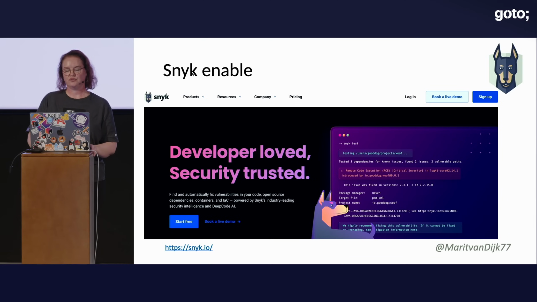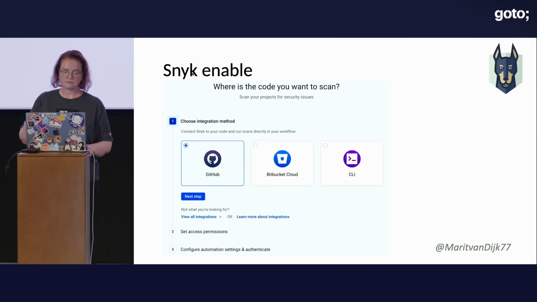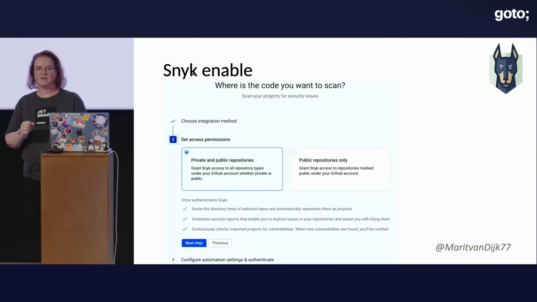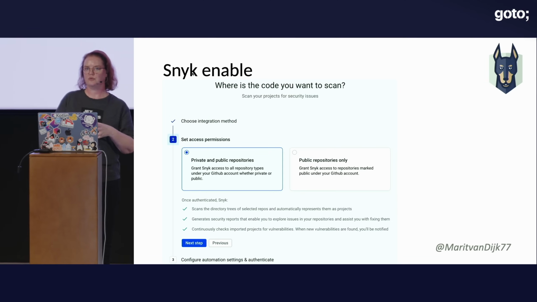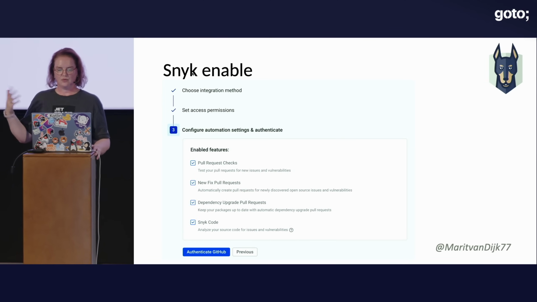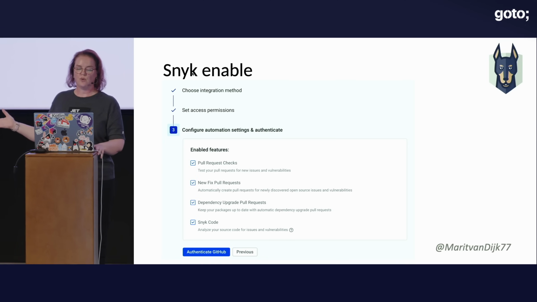You can enable Snyk via their website. You can choose how to integrate, set permissions. Here you have the option between public and private or public repos, but you don't have the option between one or all repositories. And you can configure which features you want to use.